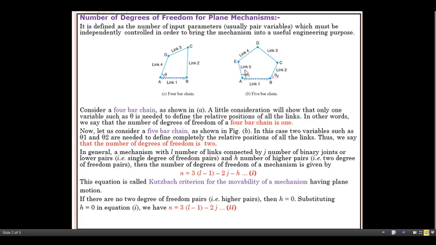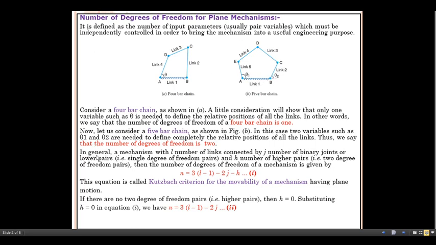So it requires two different parameters, theta 1 and theta 2, meaning it possesses 2 degrees of freedom. In this case, two variables such as theta 1 and theta 2 are required to define completely the relative positions of all the links. Thus, the number of degrees of freedom is 2.